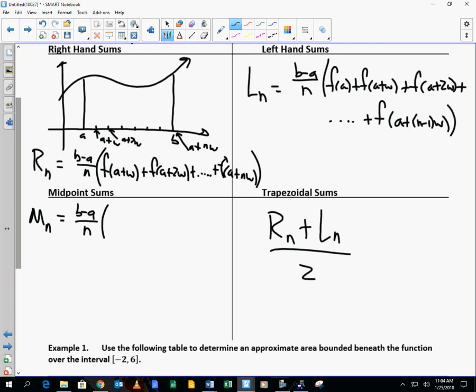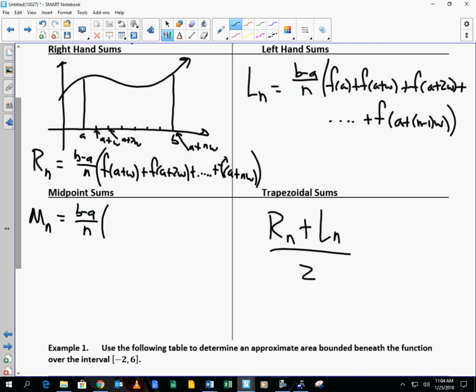Now look at this. If I'm doing the midpoint, that means I go to the middle between A and A plus W. How would I get to the middle of A and A plus W? I'd add them up and divide by 2, right?